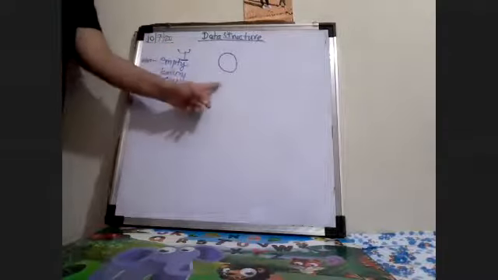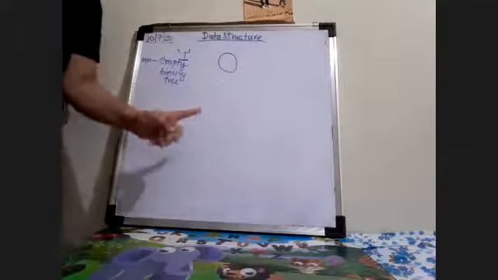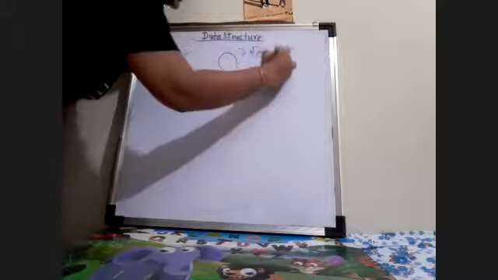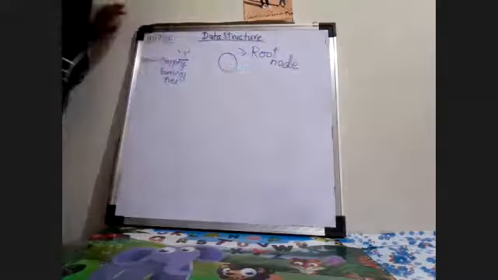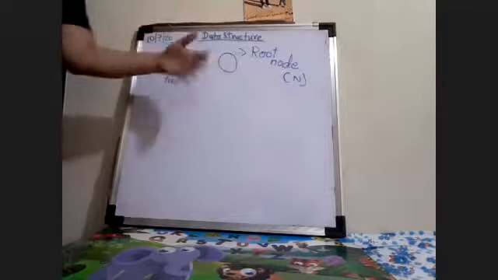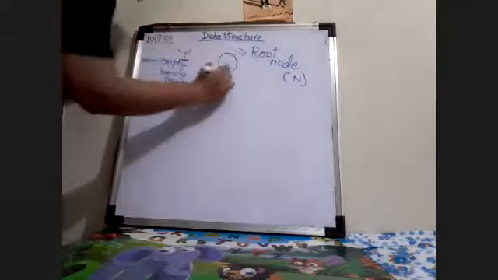Now the first node of a binary tree is always my root node. This root node may be represented by the alphabet N. Like I am using the alphabet N, you can use any alphabet.